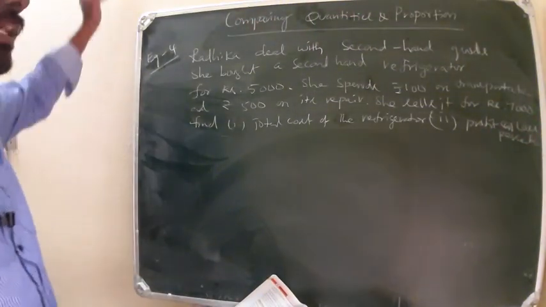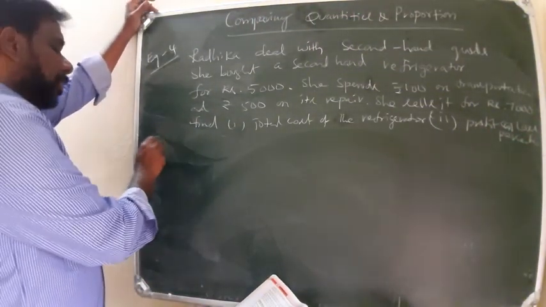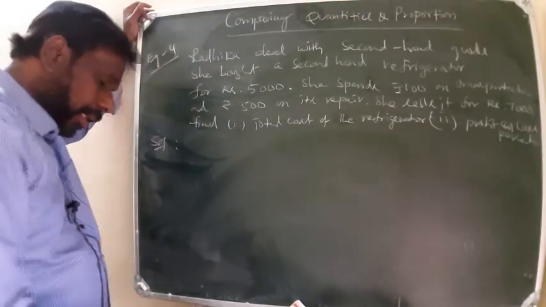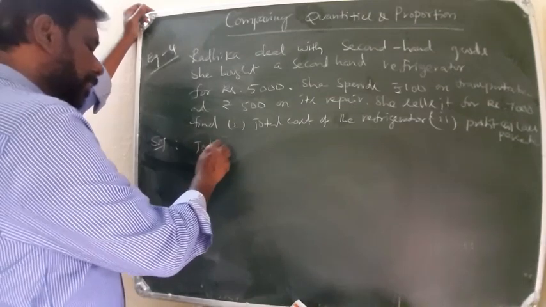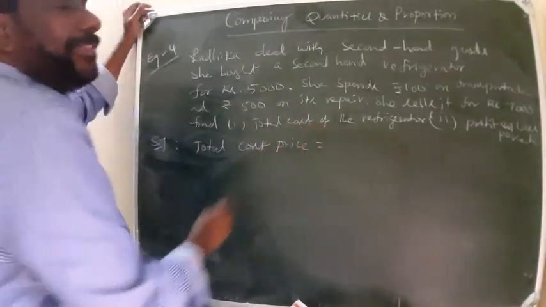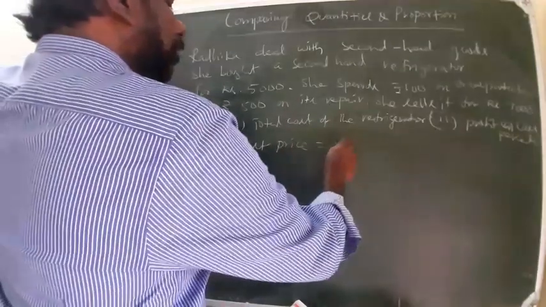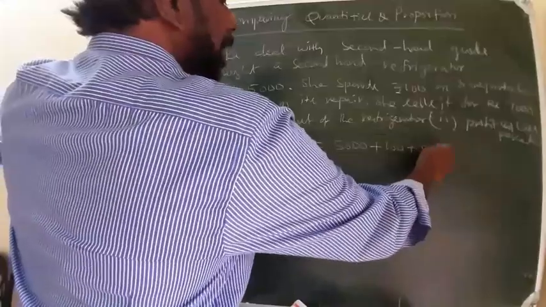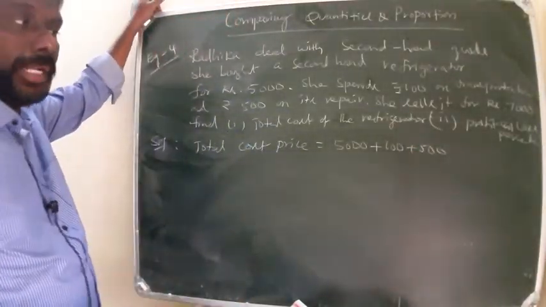So we have to find out this one. Solution. Total cost price of refrigerator, that is 5,000, transport 100, repairs 500. All you have to add together and you will get rupees 5,600.